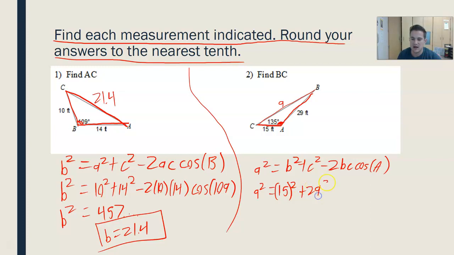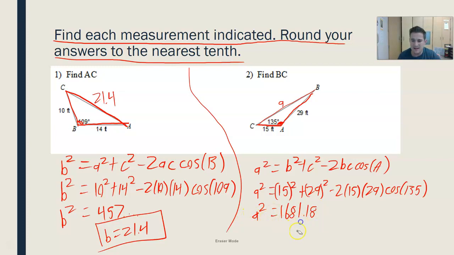Plus 29 squared minus 2 times 15 times 29 times the cosine of 135 degrees. So typing that in my calculator, 15 squared plus 29 squared minus 2 parentheses 15 parentheses 29 cosine of 135, I get A squared equals 1,681.18.